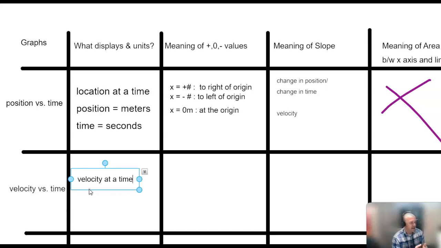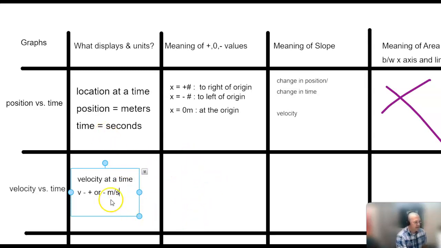So it's kind of the speed with the direction. Velocity is measured in meters per second, and I'm going to say plus or minus meters per second, because again, the positive and negative mean a certain direction. So positive is right, negative is left. And then time again is measured in seconds.